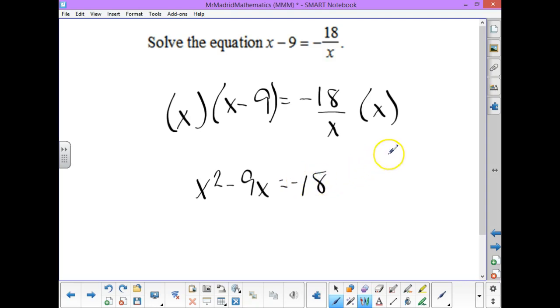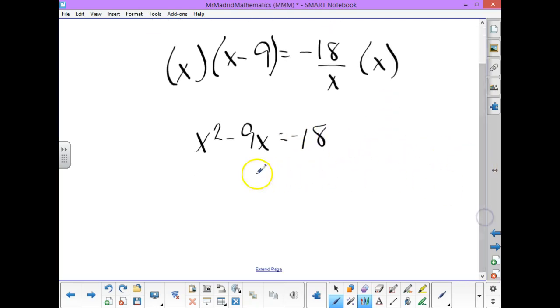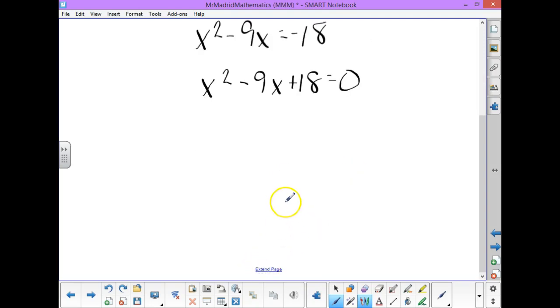And this becomes just an old school problem. We're going to bring that other term this way by adding 18. All right. We're going to look at this problem and see if we can factor it out.